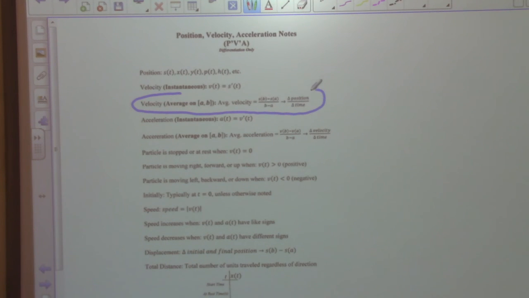Oh. So we're not going to be able to get the velocity because the table doesn't include velocity at 10. But what can we do? We can find an average velocity, can't we? So let's go ahead and do that.